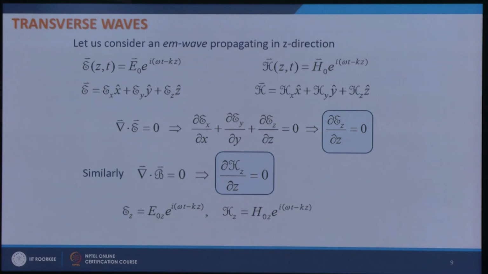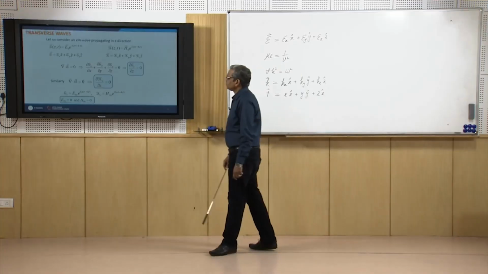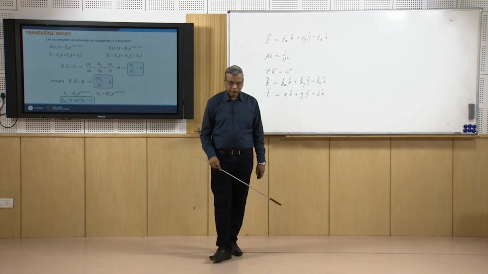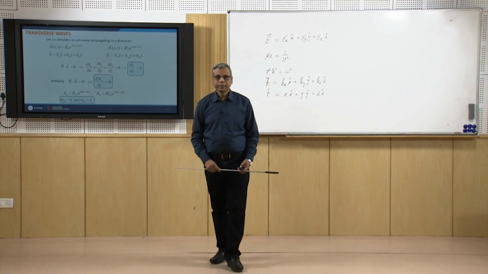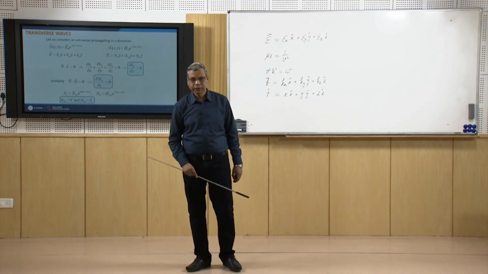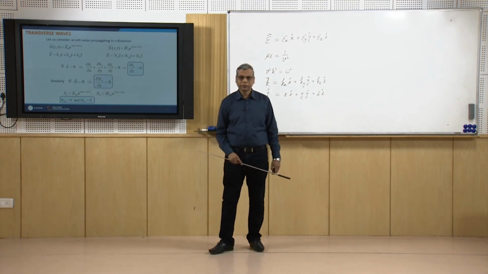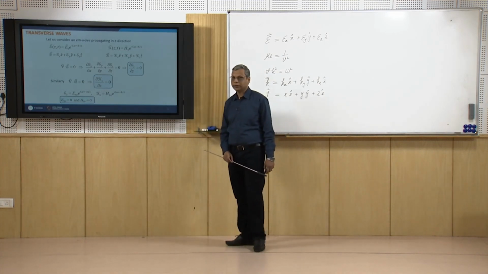So, there is no longitudinal component of magnetic field also, which means that the solutions of the wave equation that I got are the waves which do not have any longitudinal components, which means that they are the transverse waves.